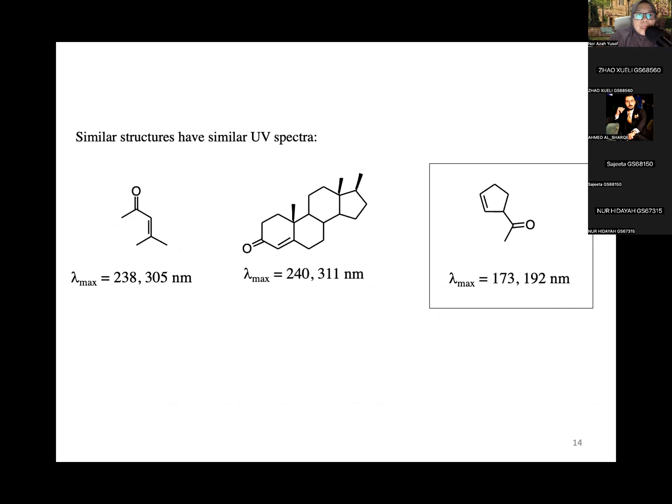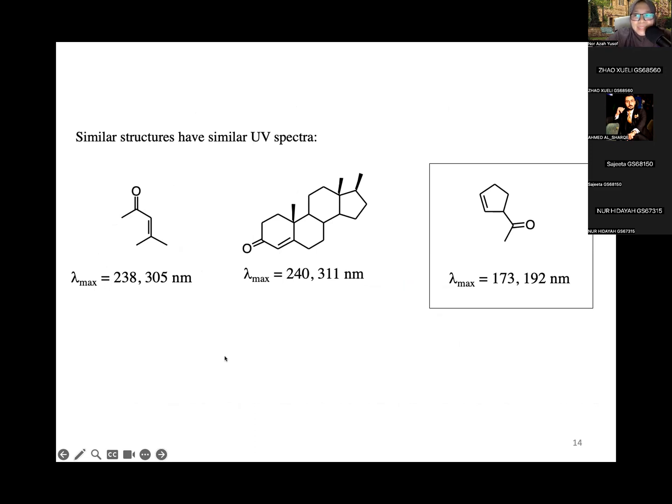So same goes, let's say you have similar structures. You can see here, there is a bit of similarity, even though they are different compounds. You can see that they have a slight shift of lambda. So whenever there's a bit of difference in the structures, then you have a shift in lambda.